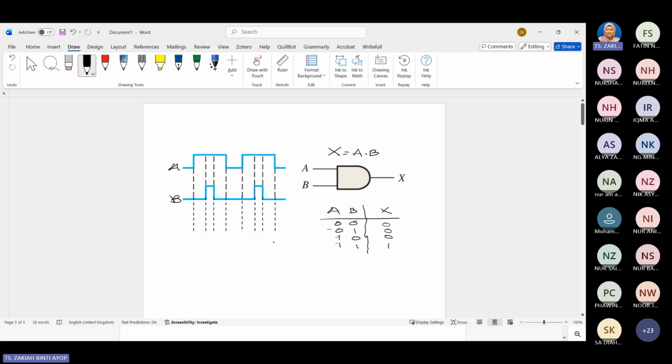Now, the next part is that I stretch the line, create a line for the timing diagram because I need to draw the output for X, right? So just write X here. Okay, and I'll use the red color to show my output. Now here is a 0, this is a 0, and then this is a 0, and then this is 1, this is 1.